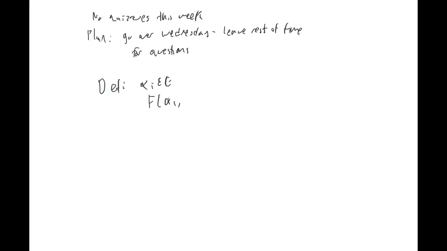So alpha_1 to alpha_n, this is the smallest extension field of F in E containing the alpha_i's.